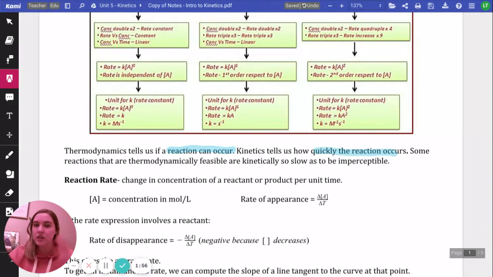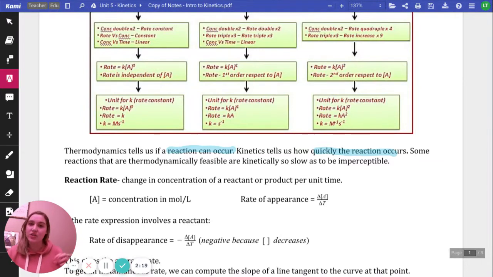Some reactions are thermodynamically favorable, energetically favorable, but they are kinetically so slow that we can't actually see them happening. I always think about this with vinegar and baking soda. When you add vinegar and baking soda together, it immediately gushes up, and there's an immediate reaction.